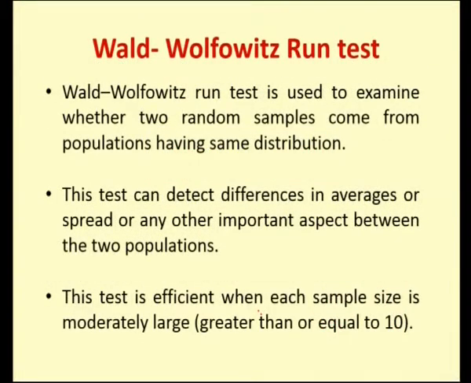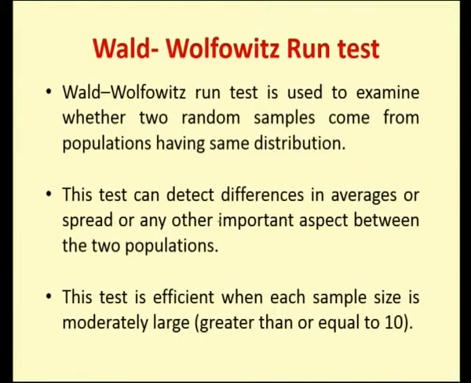Now we will go to the main part of the problem, that is the Wald-Wolfowitz run test. Now you are familiar with the run. What does the Wald-Wolfowitz run test say? This test is used to examine whether two random samples come from populations having the same distribution.